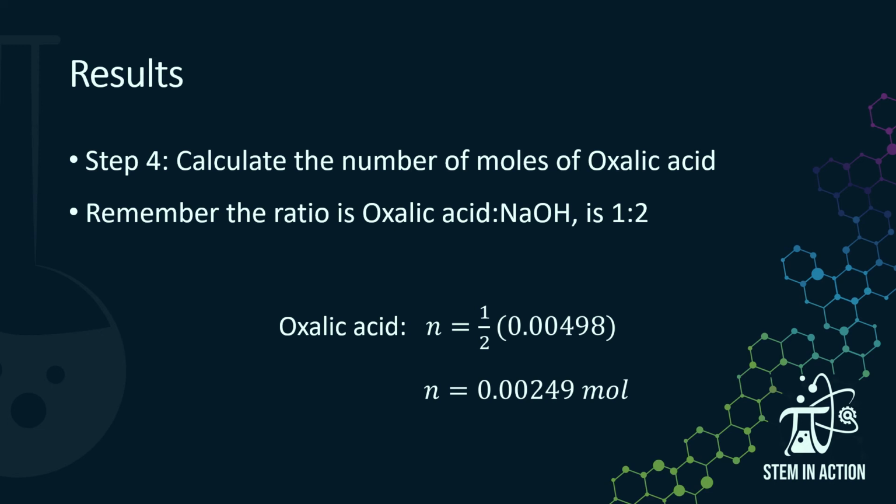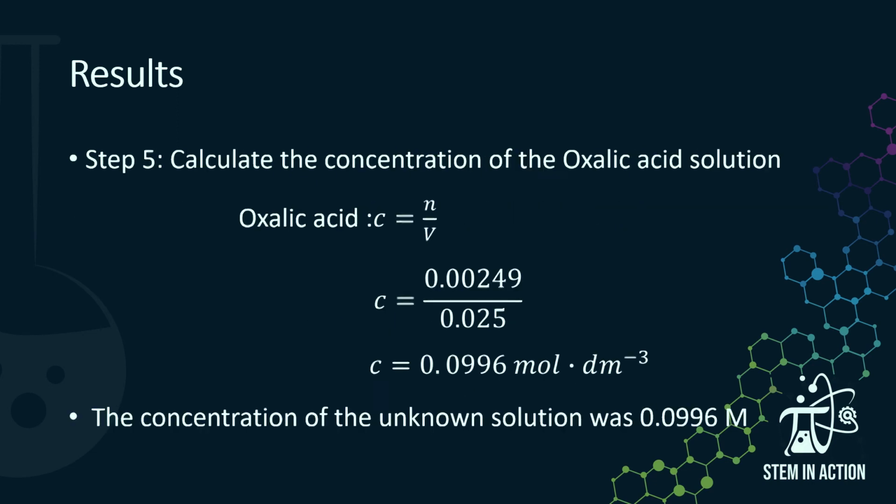We calculate the number of moles of oxalic acid. Remember, we need to use the balanced equation, and we know that we need to halve that number of moles. So n equals half times 0.00498, and that gives me 0.00249 moles.